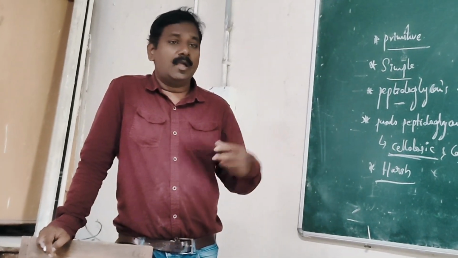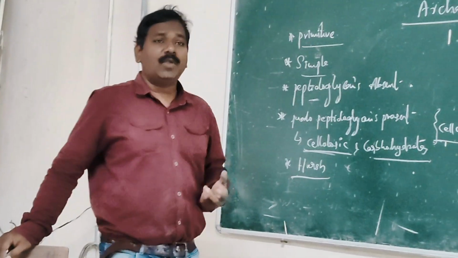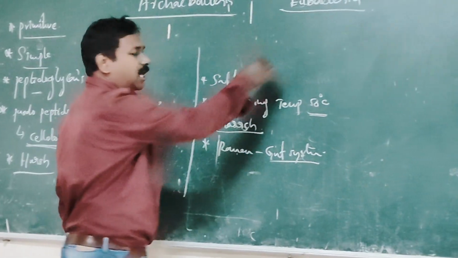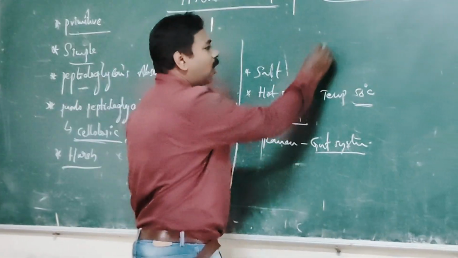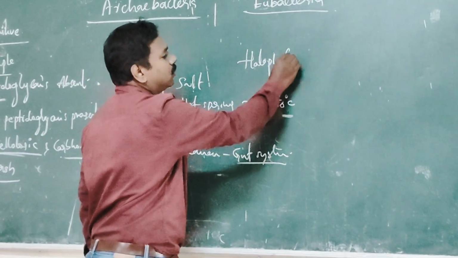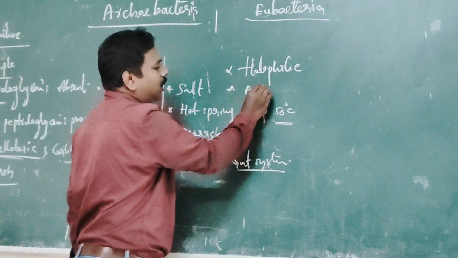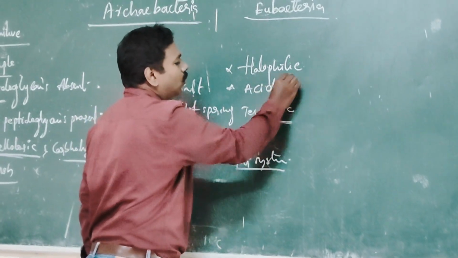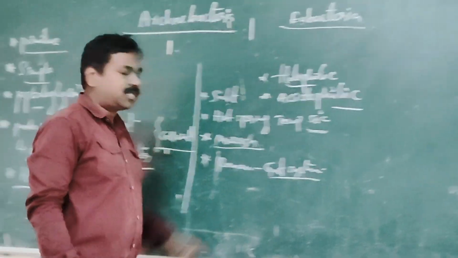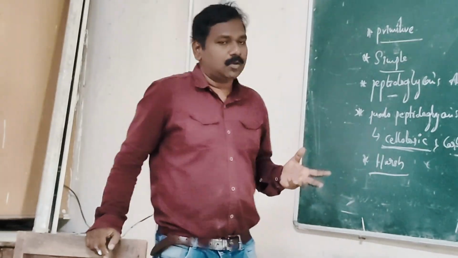In salt conditions, it is halophilic bacteria. So depending upon the nature of where it grows, we have halophilic bacteria and acidophilic bacteria.